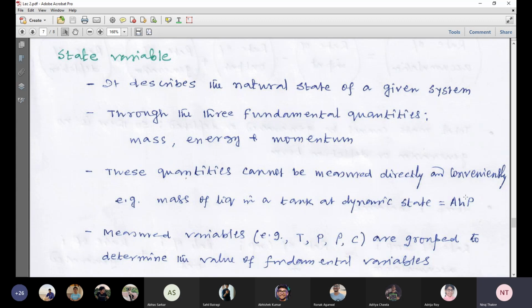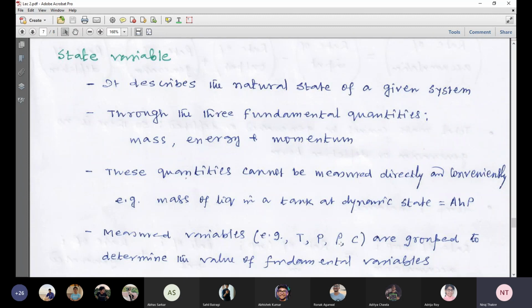In this fashion, there are several other variables I have mentioned here. You see temperature, pressure, concentration. Rho I have included here. If rho is a variable, in that case rho can be included here.